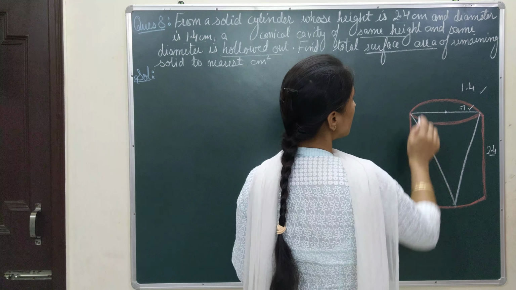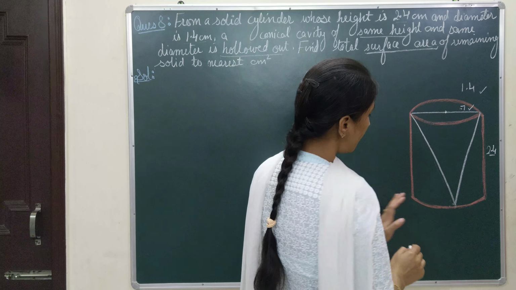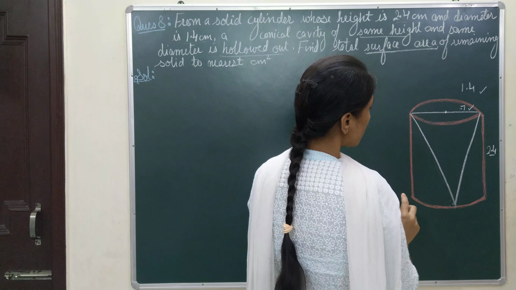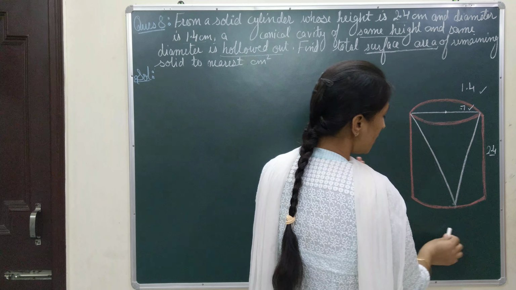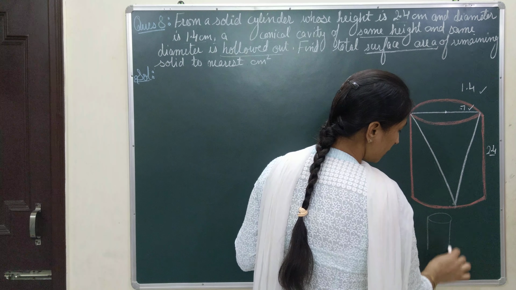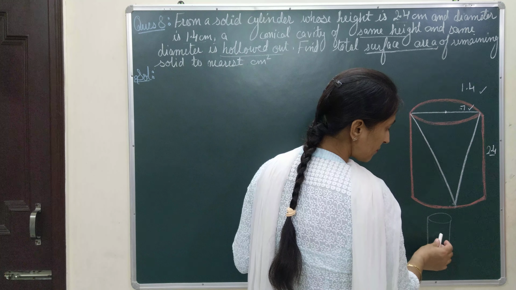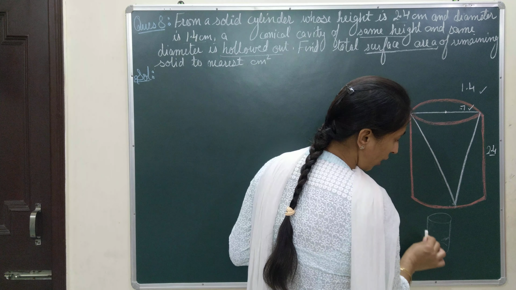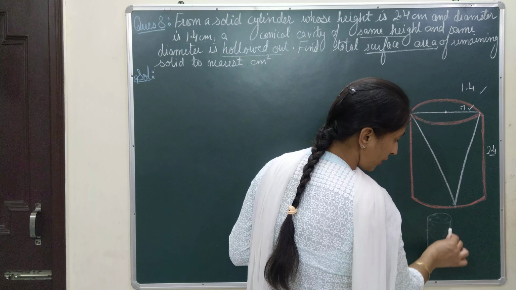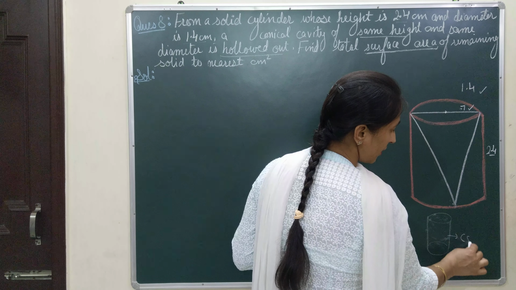Surface area is such an area where you can touch or where you can paint. So one thing is you can touch or paint the outside of this cylinder. That means you are talking about its curved surface area.